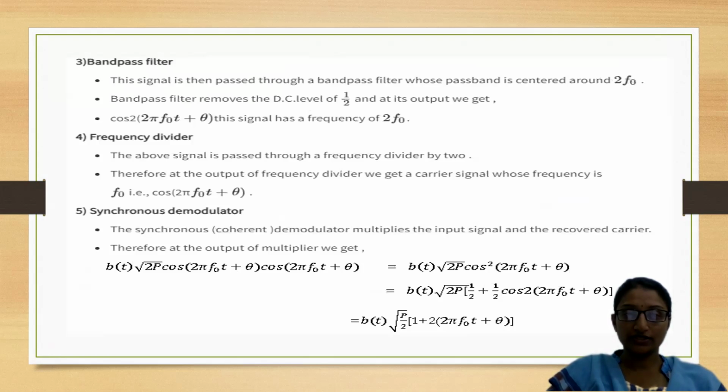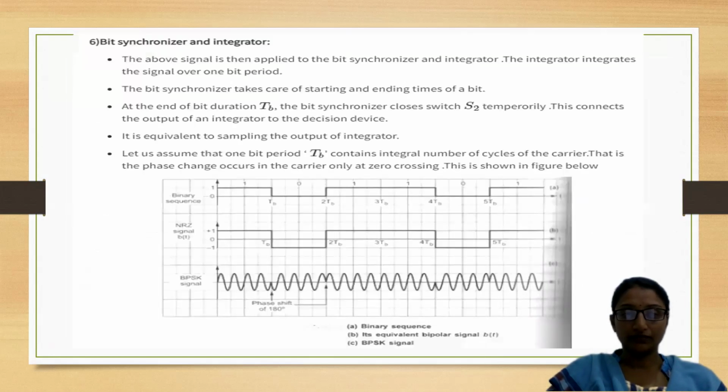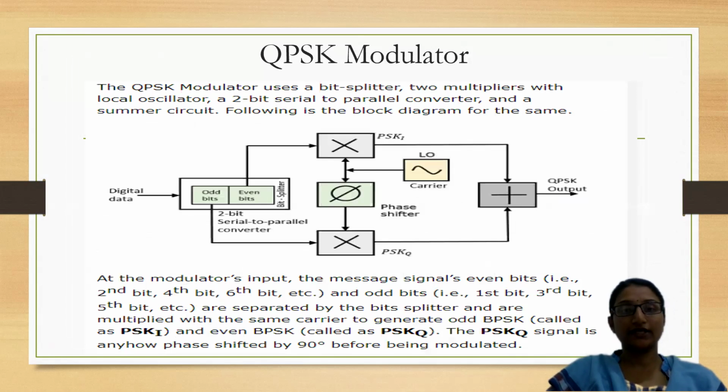And finally, this output is given to the synchronous detector, and the multiplication value can be represented as B of t root 2P by 2 times 1 plus cos 2 pi f naught t plus theta. So this is how the binary sequence and BPSK is modulated and demodulated.